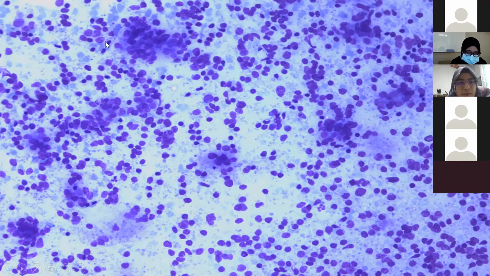So in these areas there are more loosely cohesive clusters, but the more predominant cells are dispersed, single, and mononuclear cells. And if you can appreciate in the background, I think most of you know it, there are lymphoglandular bodies. You can appreciate a lot of lymphoglandular bodies in the background.